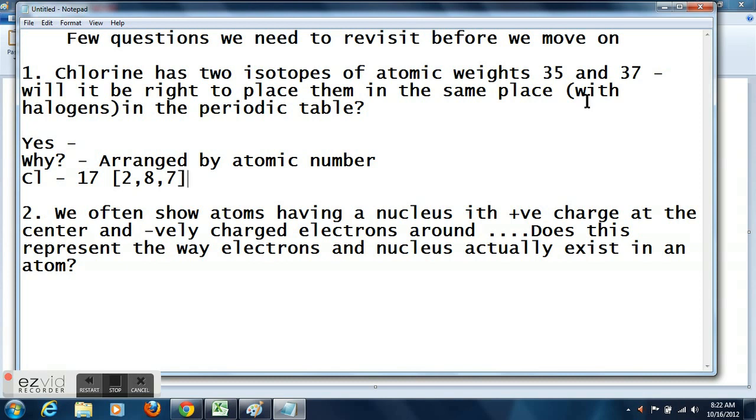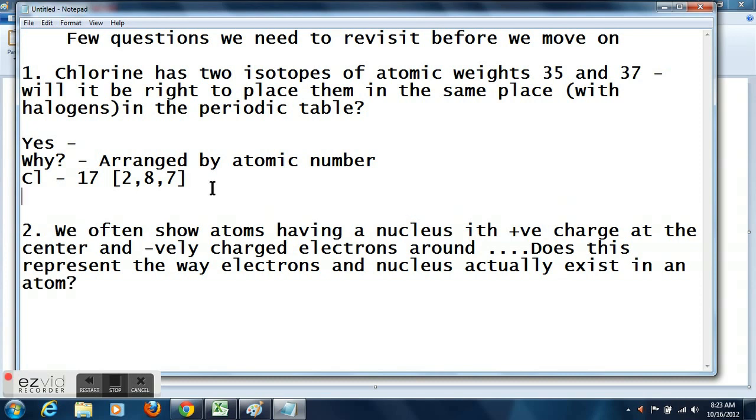So chlorine having atomic number of 17, that is 17 protons, therefore also having 17 electrons, the electronic configuration is 2, 8 and 7. That means the valence shell, the last shell, is having 7 electrons. So in the periodic table, chlorine or any other element having isotopes will be placed in the same position, whether it is chlorine or hydrogen or oxygen, doesn't matter.